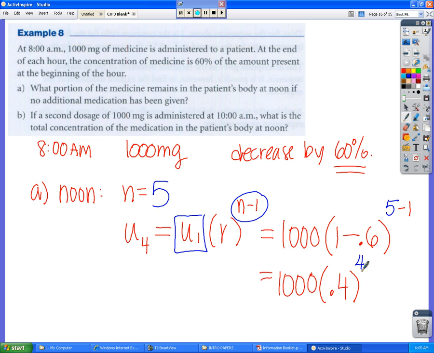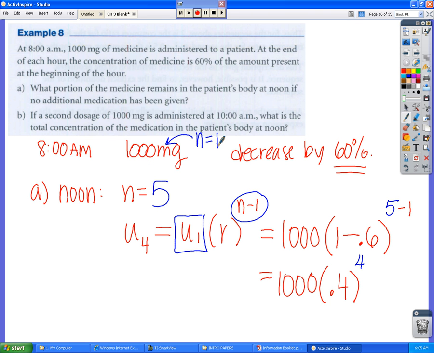It's the way that arithmetic and geometric sequences are written. They are related to exponential functions, but because of the exponent being minus 1, your count is slightly off by 1. It's very odd, but I usually have to find the first term. So my first term is here. This is when n equals 1. So if I substitute n equal to 1, I'll get 1,000 back again. Therefore, if I want to go until noon, it'd be n equal to 5.